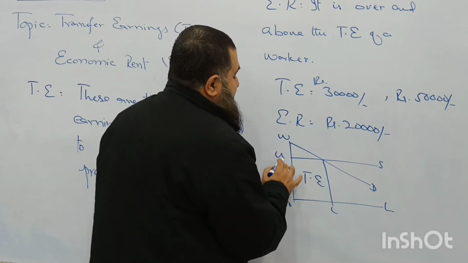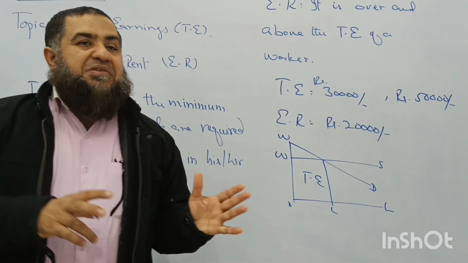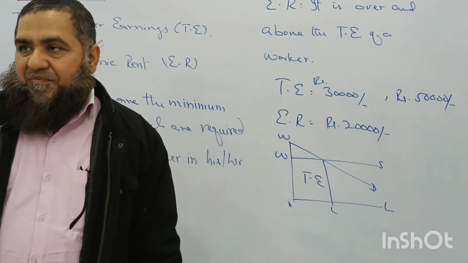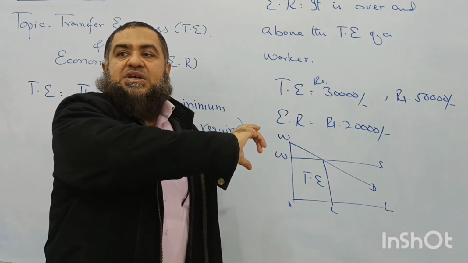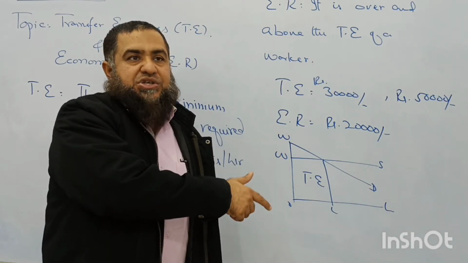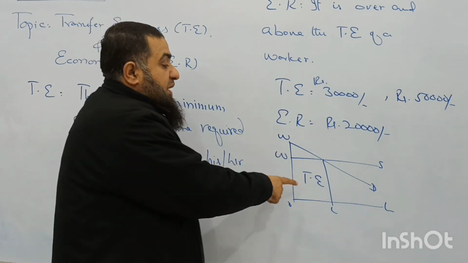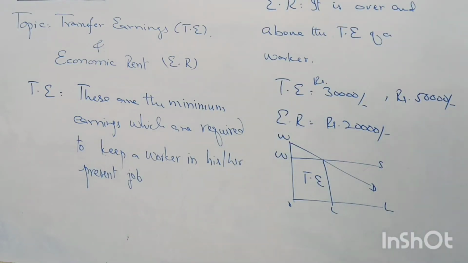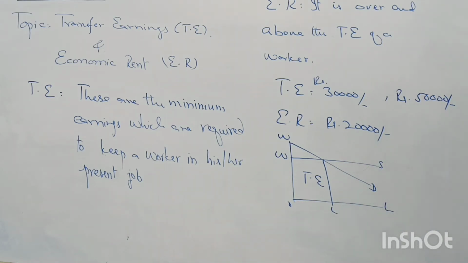They have only the transfer earning, because the area between labor supply and the equilibrium wage rate is no more available. As the labor supply has a clockwise rotation, it is becoming more shallow, more elastic. So the workers of lower skills, lower education level, lower training, will only be earning the transfer earnings. They are unable to have economic rent.